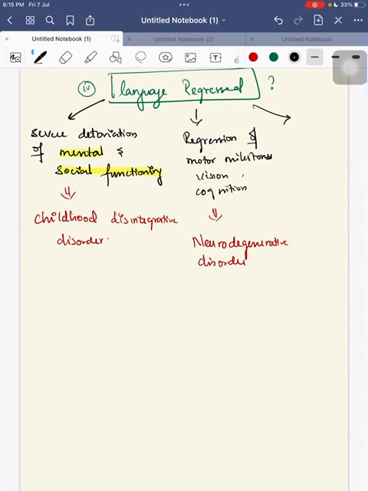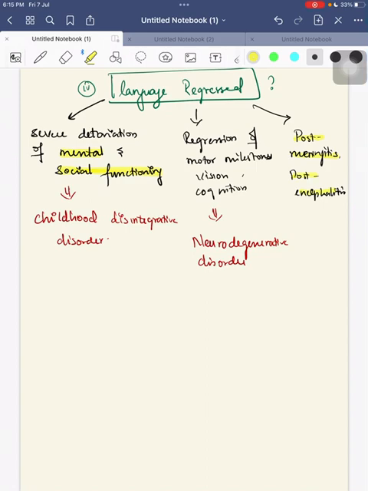Or if the child had meningitis or encephalitis, it could be due to post-meningitic or post-encephalitic sequelae. These can be the reasons for a child with regression of language.